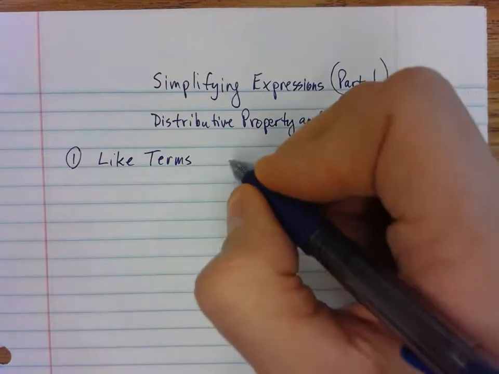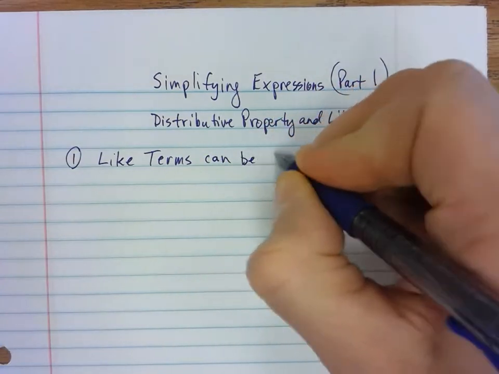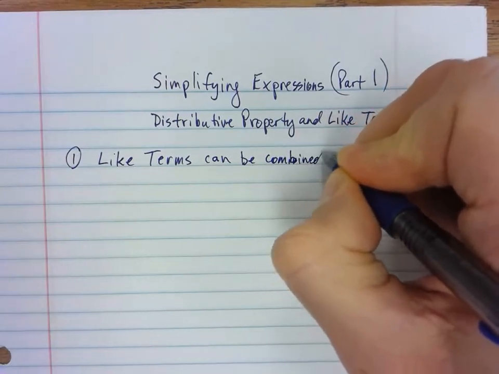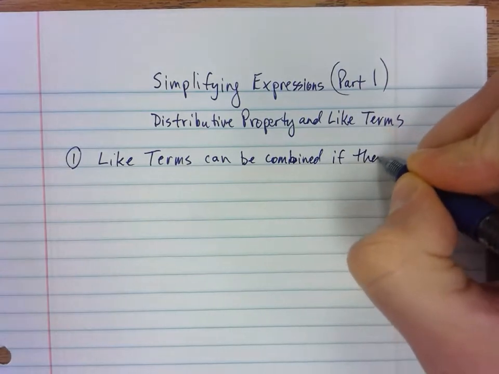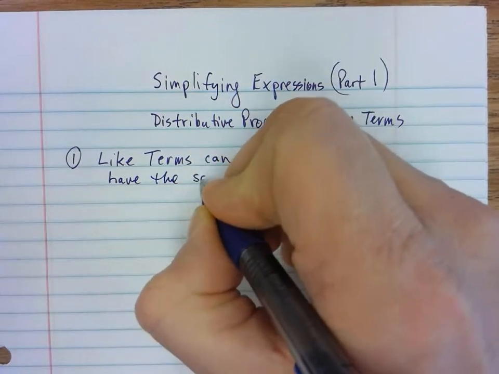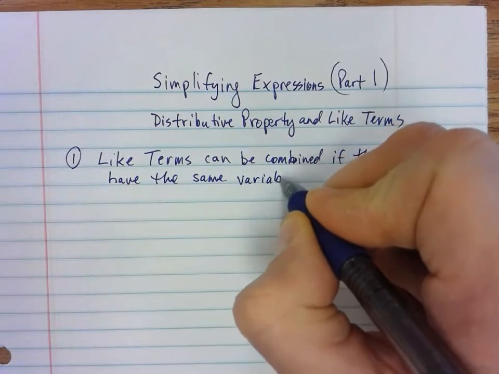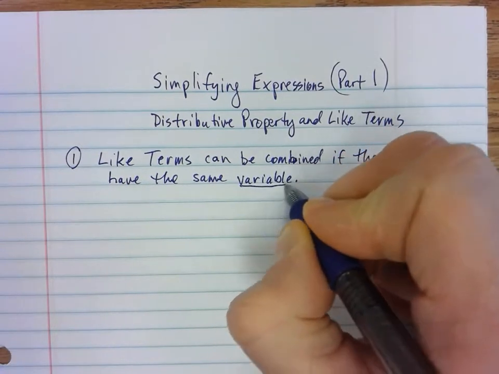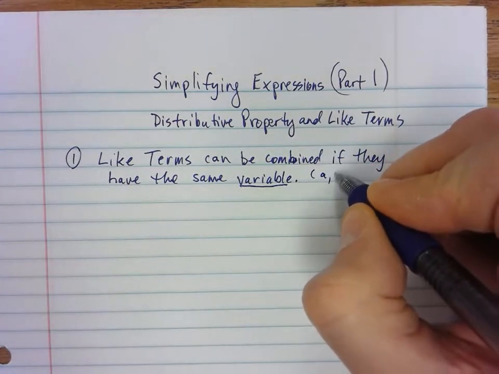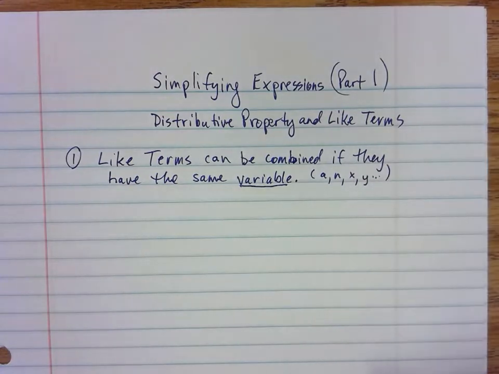Like terms can be combined if they have the same variable. Now, the question is, do you know what variables are? Well, of course, they're the letters, so like a, n, x, y, any of that stuff, okay? If they've got the same ones, you can combine them together.